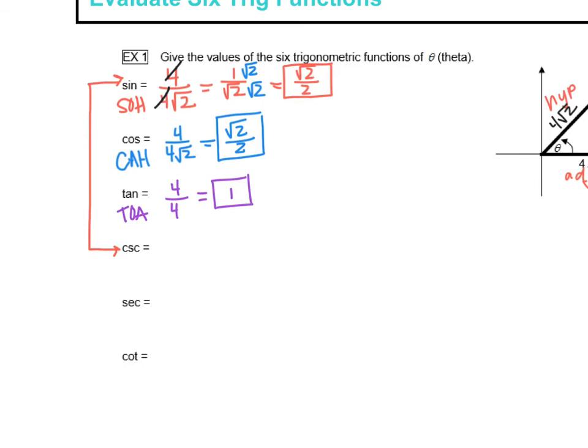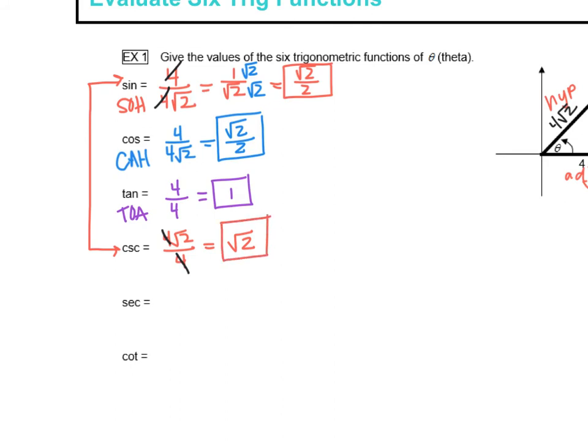So 4 over 4 root 2, cosecant is equal to 4 root 2 over 4. So similar to the last one, we know that those 4's are going to cancel, leaving us with square root of 2. And that's not in the denominator because it's the reciprocal of what we did up here. So that's my cosecant answer, square root of 2.